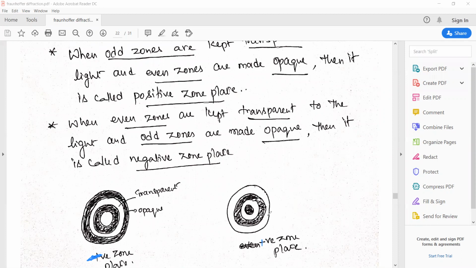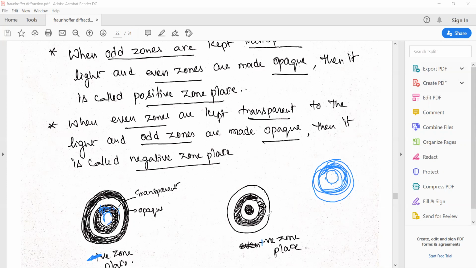So I am drawing it once again here. Let's say this is the first zone, which is transparent, and the second zone, which is an opaque portion. Through this you will not get any light. So the first zone is the transparent portion, and light is coming. And the second zone is opaque.